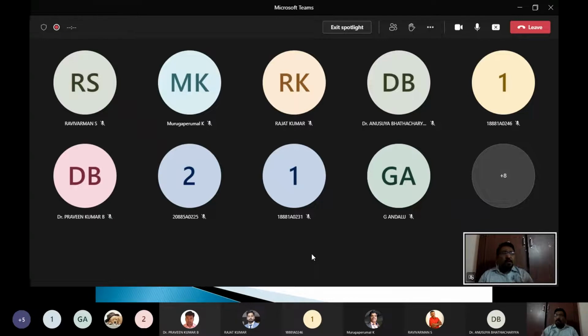Let it be any work. Maybe it might be a syllabus revision work, or a question paper setting, or maybe I need to conduct a project meeting. So how do you decide that, okay, these are the team members who would be part of the work, or who would be doing the work?